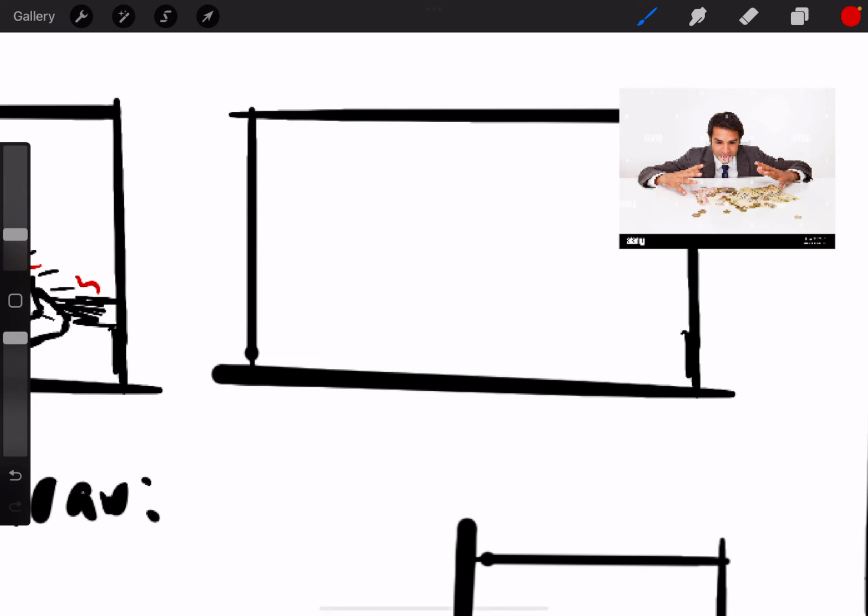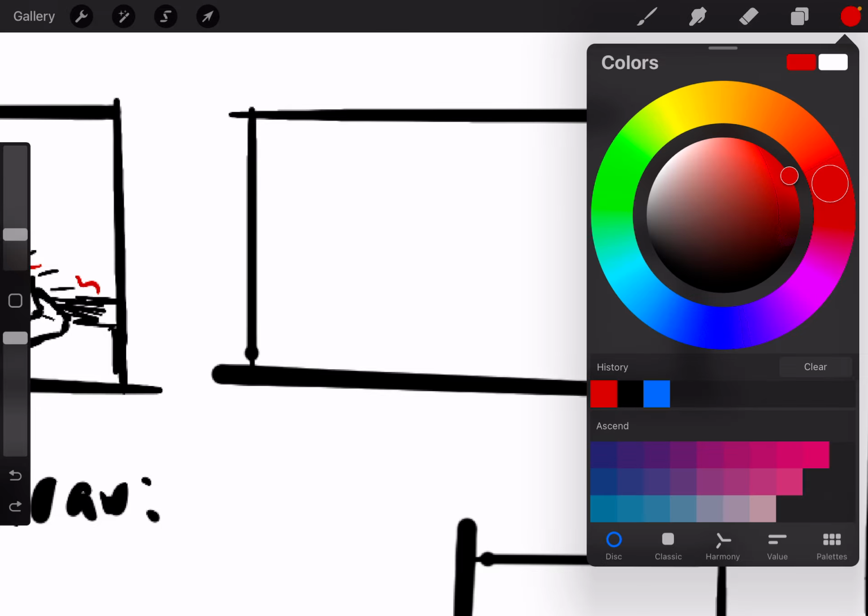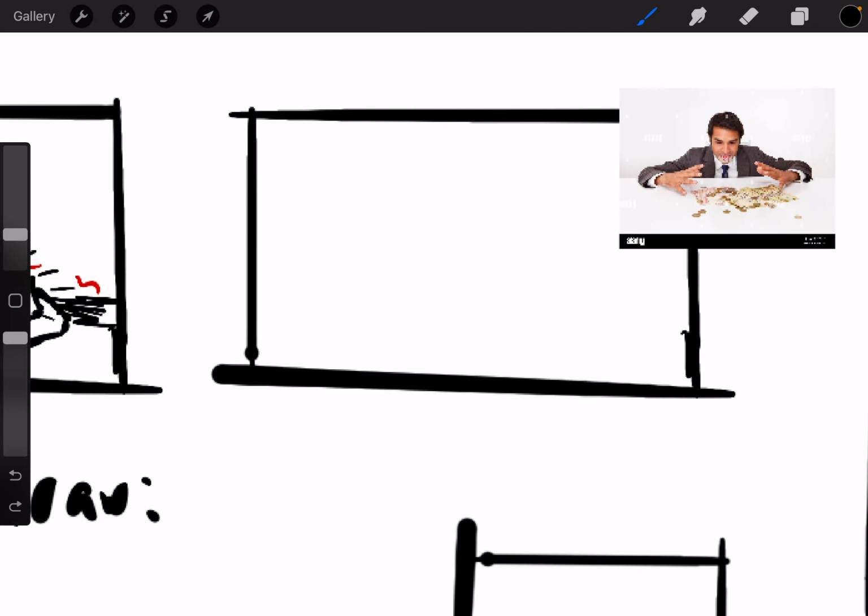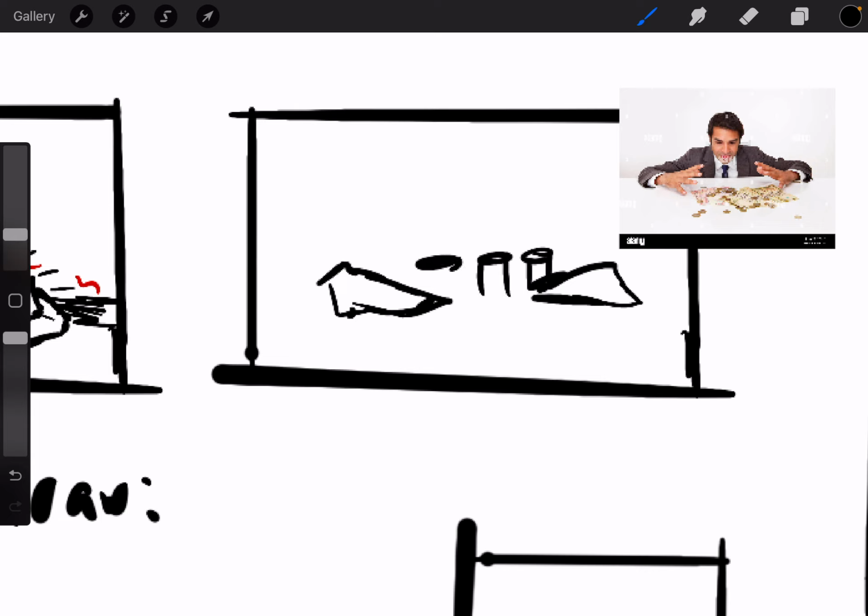So maybe instead of the hands being more like a flatter palm here. And he's just trying to get all the money in the middle. Some money here, there. So you don't have to worry about too much with the thumbnail sketch.